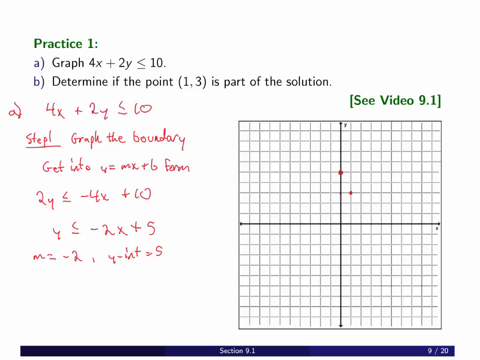You could also say it goes up by 2 and over to the left by 1, if you want more points, like that. Now, because we're dealing with this symbol, we're going to use a solid line because it's less than or equal to. So that would look like this.